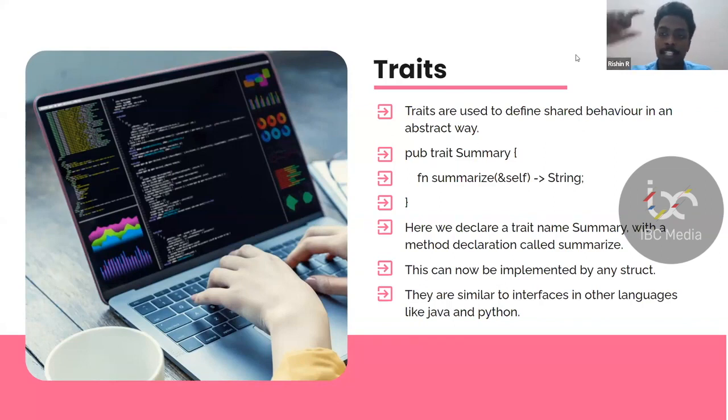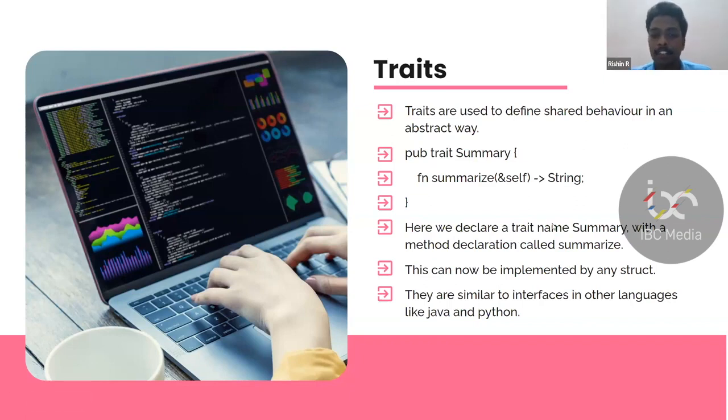Traits are used to create a common set of functions that can be implemented by different structs. Okay. So traits are used to define a shared behavior in an abstract way. You might have seen such scenarios or implementations in different languages like Java, where you might be using interfaces or abstract classes, where you want to have a particular set of functionalities that can then be extended to different classes.